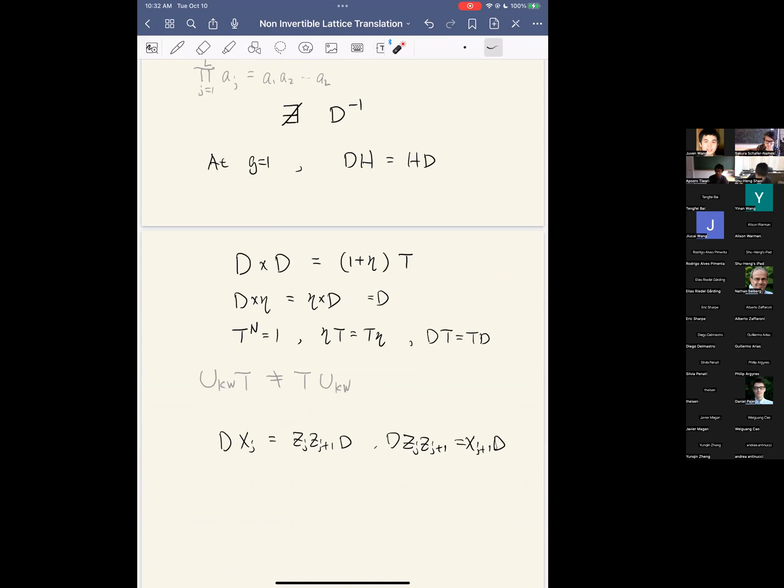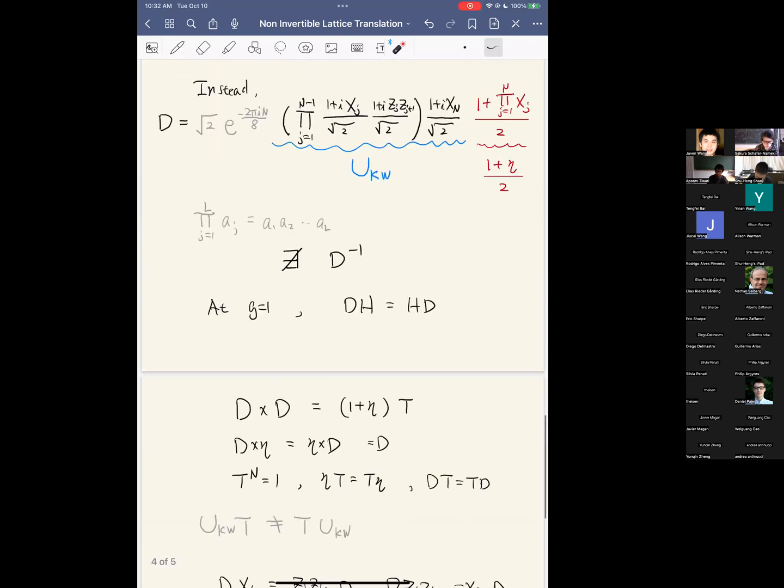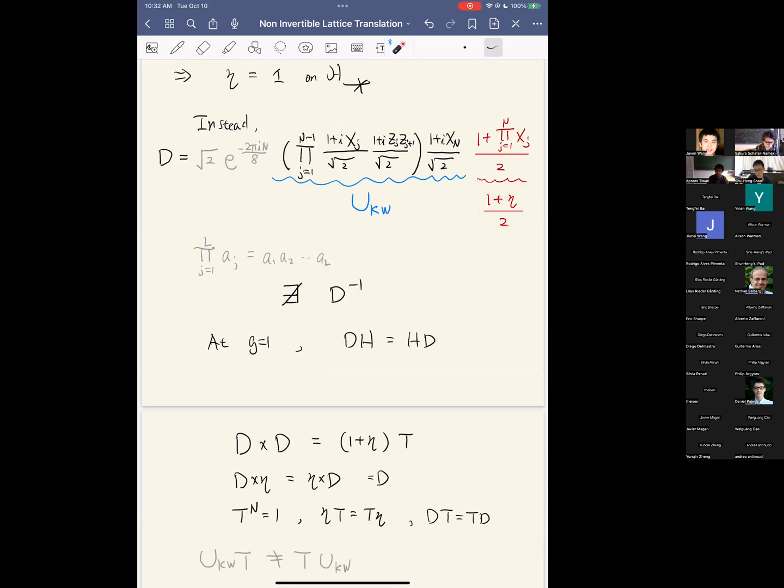It's not clear the way I wrote it, but you can work out the way UKW acts on the Xj and ZZs, and you'll see that it doesn't preserve the Hamiltonian at one site. So it's really necessary to have a projection here. It's not just for the sake of translation symmetry of the operator, but also for the fact that UKW is simply not a symmetry of the Hamiltonian on a closed chain.